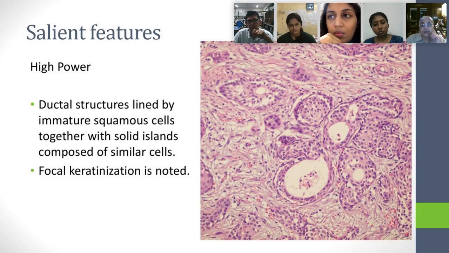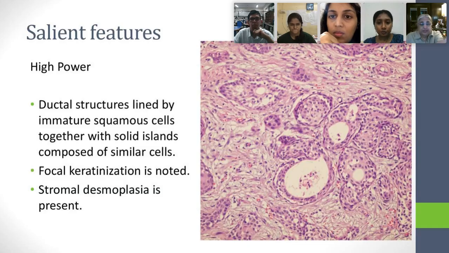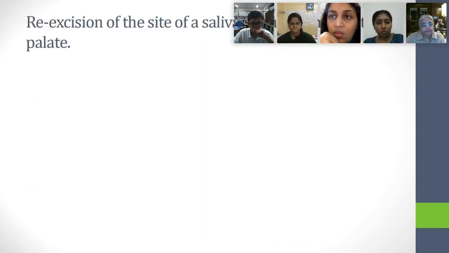And I said at that time, when we were talking about mucoepidermoid tumors, that mucoepidermoid tumors do not keratinize. Okay, so there's no mucin, there is keratinization, and yet you have intermediate cells. Okay, so what is this peculiar thing? Now we have stromal desmoplasia, as you said, young fibrous tissue, is present.